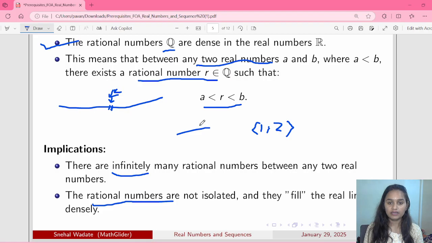That means in between any open interval around a number, whether that will be a real number like a rational number or irrational number, in the open interval around that point, we will get infinitely many, that means countably infinitely many rational numbers.